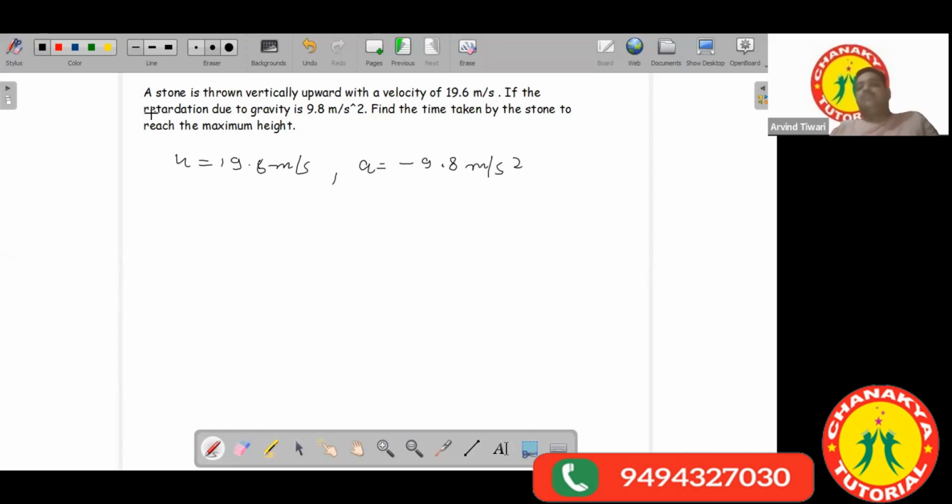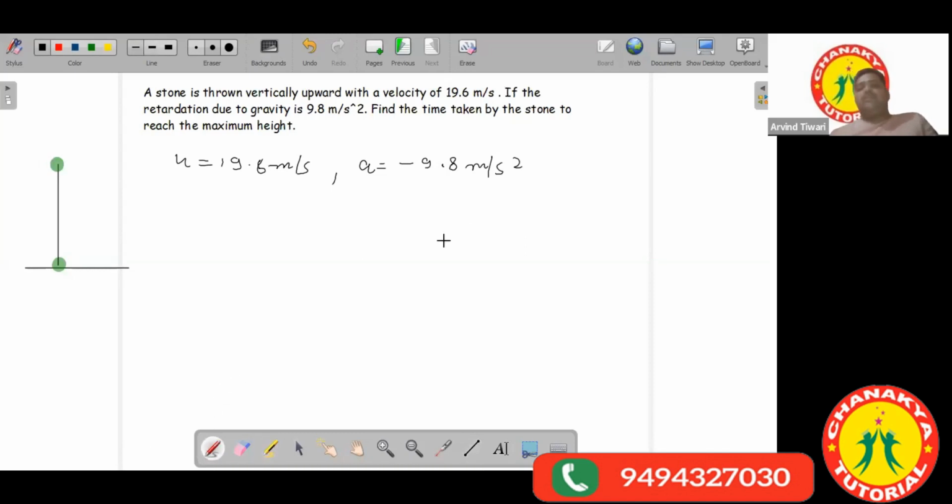First of all, since it's written retardation, it has to be negative. Or you can guess it even if it's written as acceleration, because when the stone is moving in the upward direction, its speed is decreasing. As it moves upward, its velocity decreases, so the acceleration will be negative.